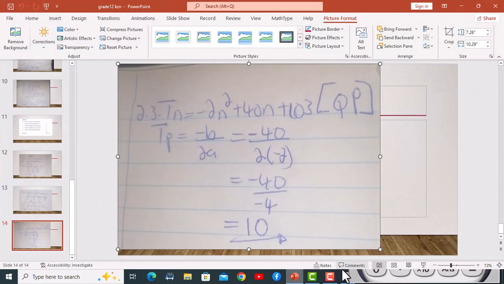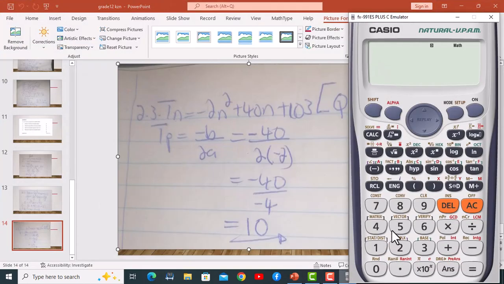Let me just try to do this. Let's say negative 2 into 10 squared plus 40 into 10 plus 103, and you find the value of 303.